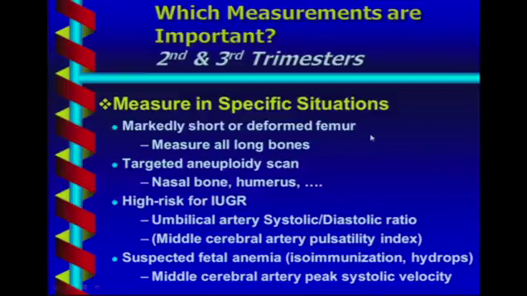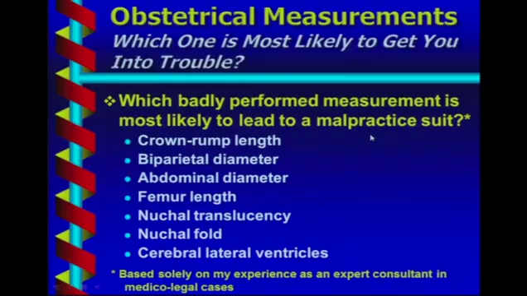For a fetus at high risk for intrauterine growth restriction, measure the umbilical artery systolic to diastolic ratio and potentially the middle cerebral artery pulsatility index. And in cases of suspected fetal anemia, when there's isoimmunization or hydrops, we measure the middle cerebral artery peak systolic velocity.